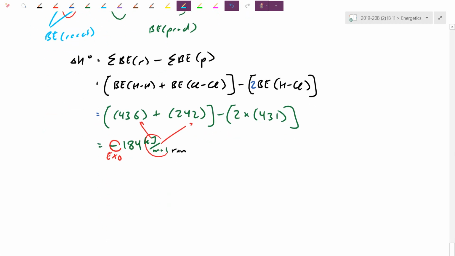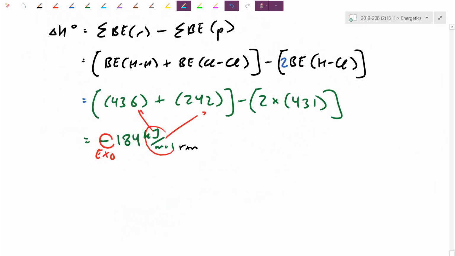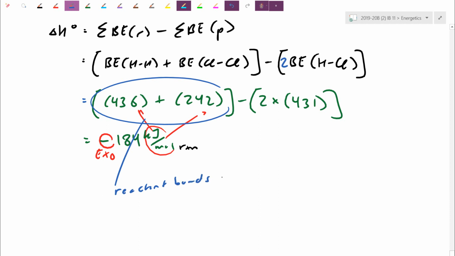For an exothermic reaction, if you look at this formula, why was this exothermic? How could this formula turn out to be negative? Well, because I'm subtracting 2 numbers, for me to get an overall negative number, I can make a general comparison here. I need to go smaller number minus bigger number. The reason why we're exo is either the reactant bonds, generally speaking, are weaker, so they come with smaller bond enthalpies.